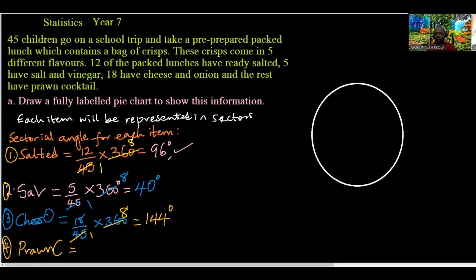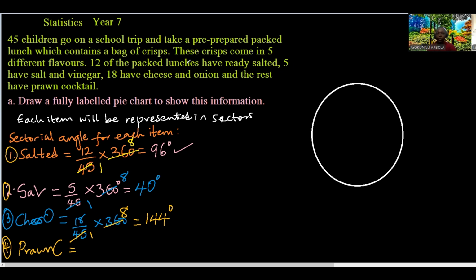We have 5 and 12. Wait a minute. Okay, it should be 5. I skipped that off. Okay, this 5 is not part of it. So, we have 12, 5, and 18. Is that clear? Yeah. 12, 5, and 18.